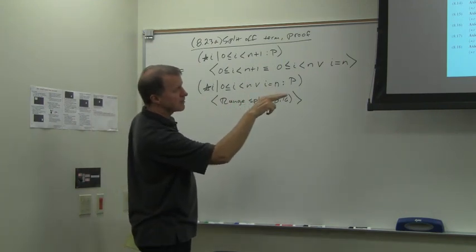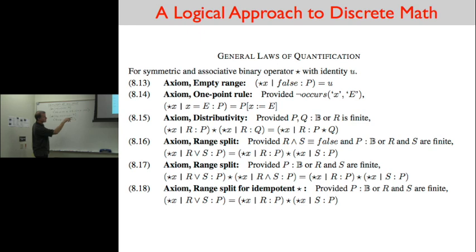Yep. R and S is false. Well, but not only that, P is Boolean, right? Oh no, we don't know P is Boolean. But anyway, R and S are finite. Oh, sorry. 8.16, I was looking at 17. 8.16 is provided R and S equivales false.